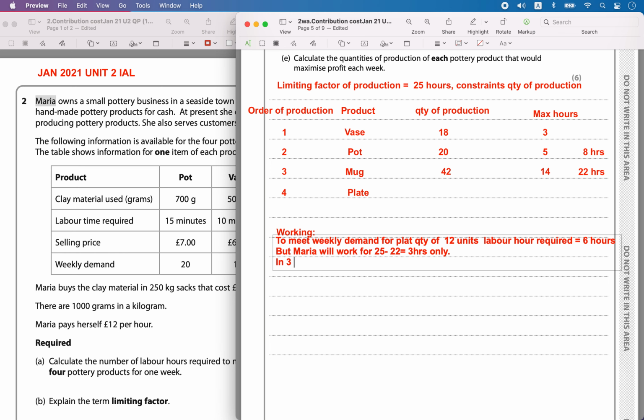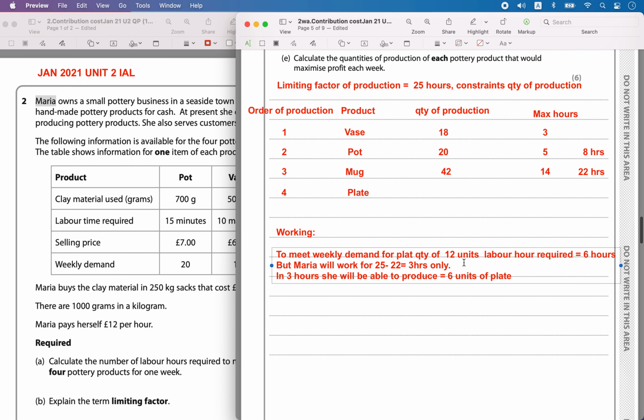So in 3 hours she will be able to produce, since 12 units are produced in 6 hours, only 6 units of plate. She will not make the entire 12 plates. She has only 3 hours left.